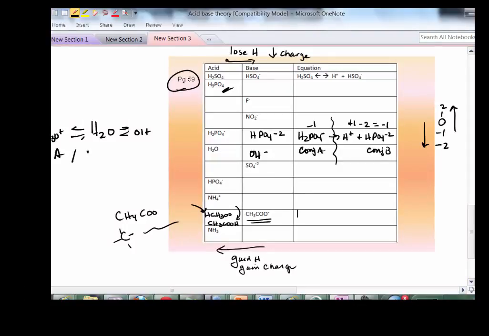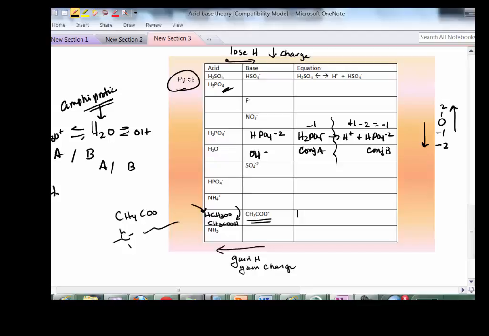If this is an acid and this is its conjugate base, this is an acid and that's the conjugate base. Water can be either an acid or a base, and that is called being amphiprotic. So that's just a fancy word. But several other things can do that.